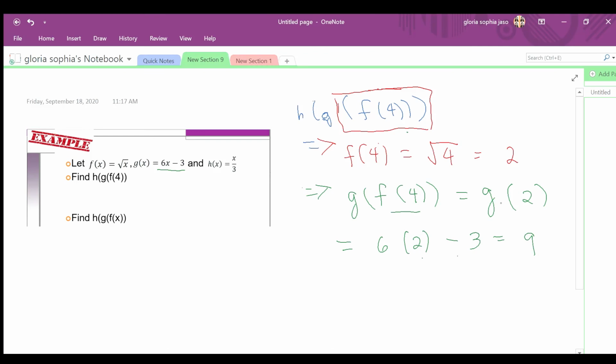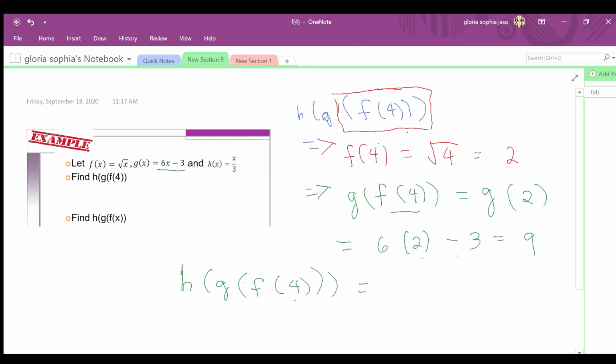Okay? So then last, yung h of g of f of 4, okay? So ito naman ito na yung ipapasok natin. Okay? So ngayon, di ba, ang evaluate natin is h of g of f of 4.